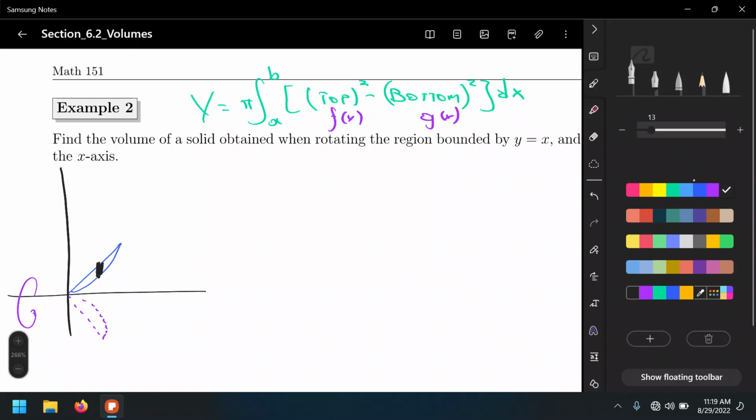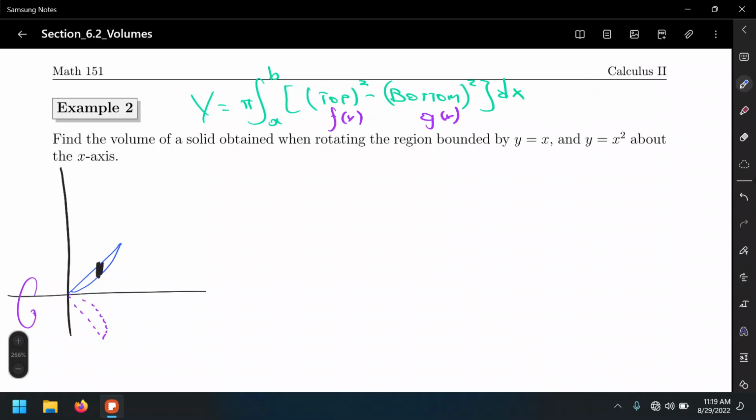So in this case, let's set up the integral. Volume equals pi times the integral of the top function. Which one is the top one in this case? The line or the parabola? The line. So x, quantity squared, minus the parabola squared. Oh, were we missing something?